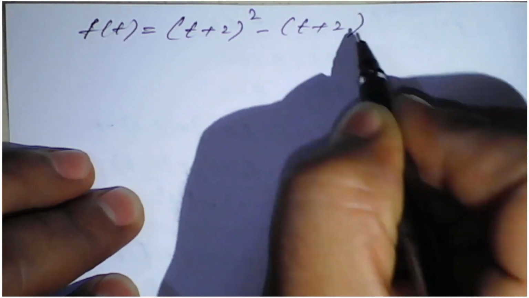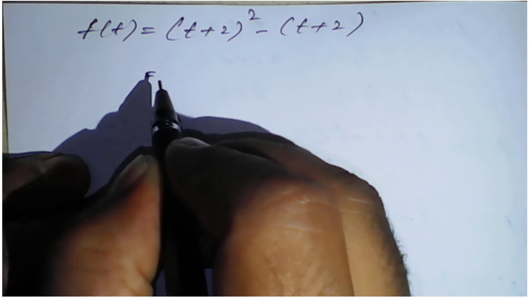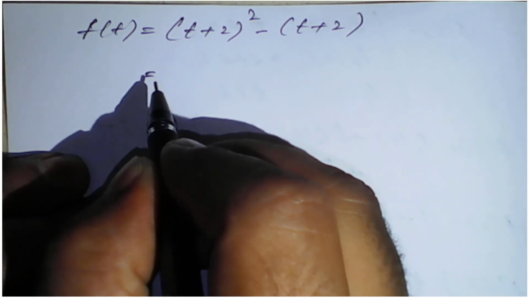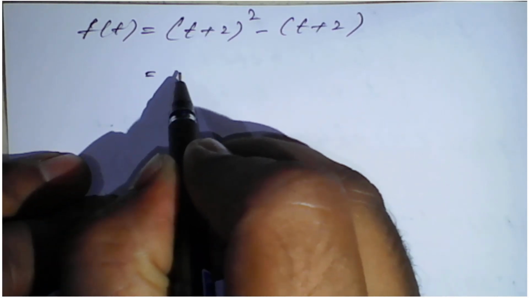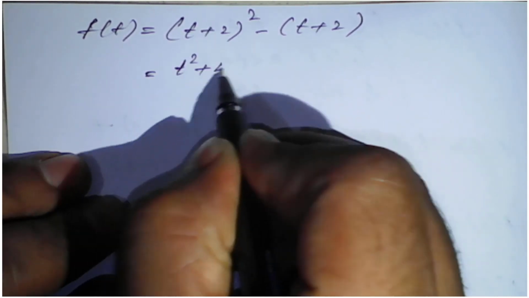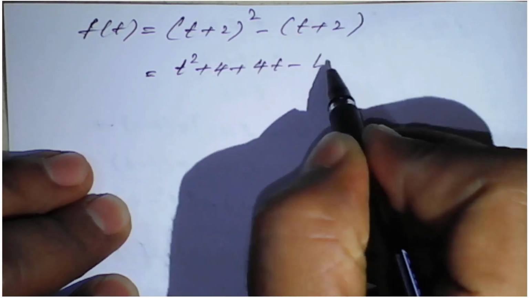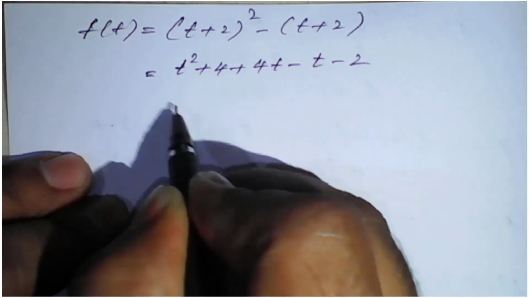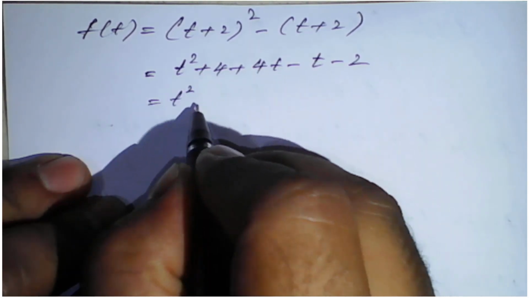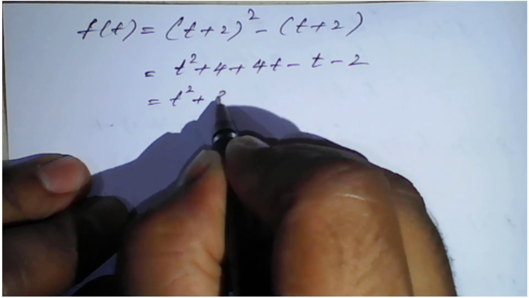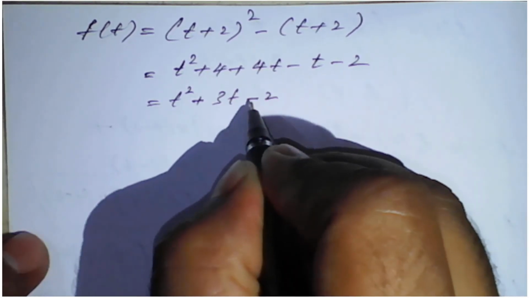T plus 2. So on simplification for this, so simplify, so apply a plus b whole square formula. So it will become t square plus 4, 2 2s are 4t minus, open the bracket, minus t minus 2. So therefore t square, so 4t minus t will become plus 3t. So 4 minus 2 is minus 2, plus 2.